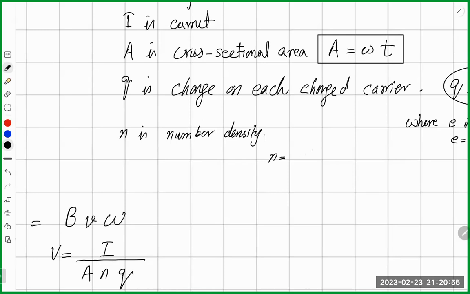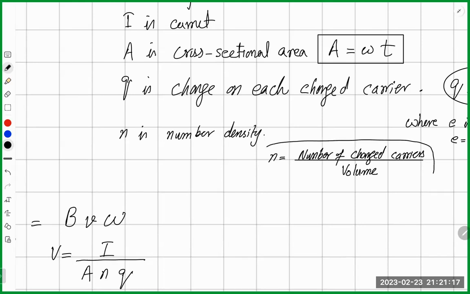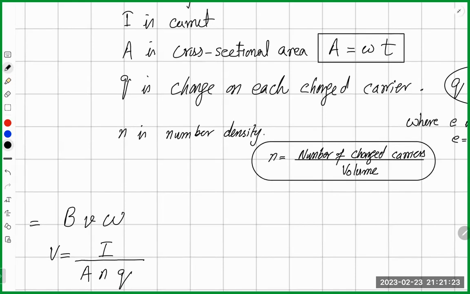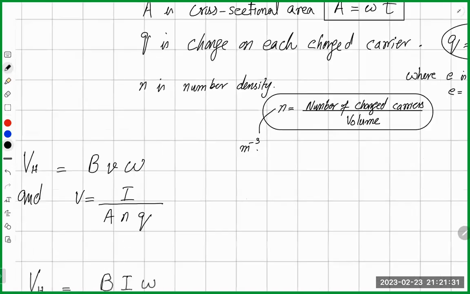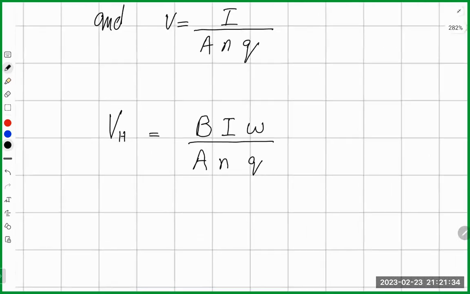N is number of charged carriers divided by volume. Its unit is per meter cube.